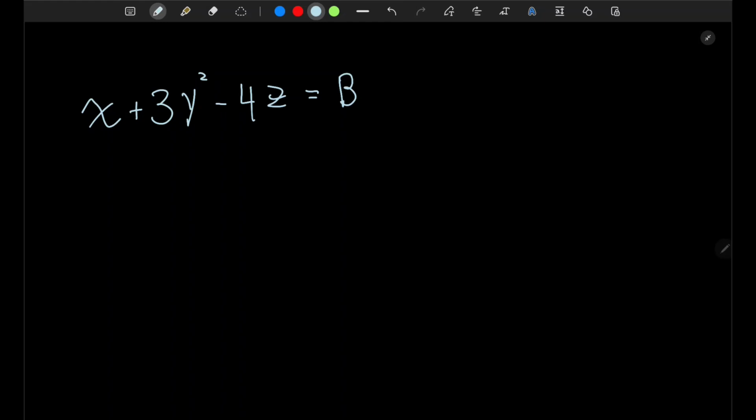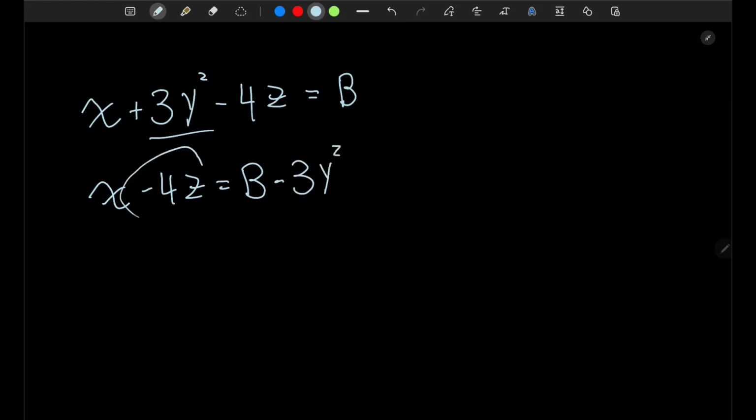And so we'll do this in a couple steps here. So let's take this 3y squared and push it over and change the sign and just move it straight over to the other side. So then we're left with, on this side, x minus 4z is equal to b, change the sign of what we pushed over now, minus 3y squared.